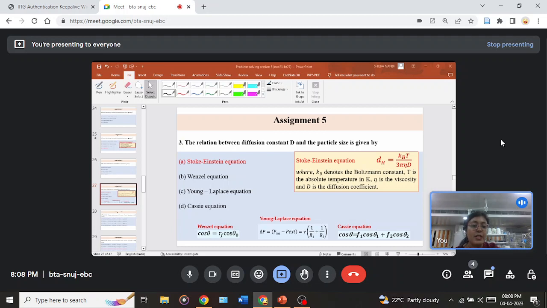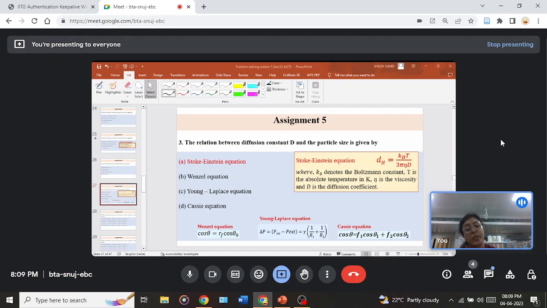Hence we say that wettability can also be related with the chemical heterogeneity found on a particular surface. How we find that contact angle is basically given by this Cassie equation, cos theta is equal to f1 cos theta 1 plus f2 cos theta 2. Theta 1 and theta 2: theta 1 can be taken as for fa and theta 2 can be taken as for fo.